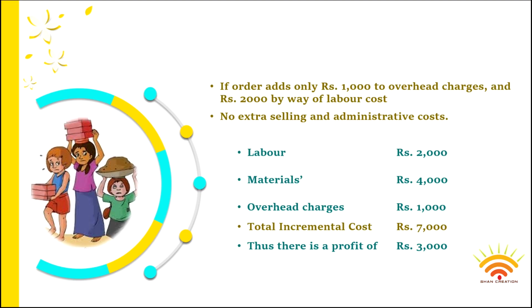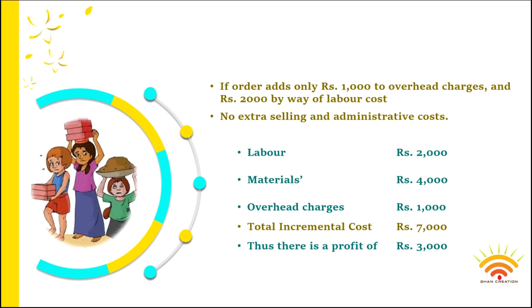Labor charge is 2,000 rupees, material 4,000, overhead charges only 1,000 rupees. Now the total incremental cost is 7,000. Therefore, this is a profit of 3,000 rupees. The order can be accepted on the basis of incremental reasoning.